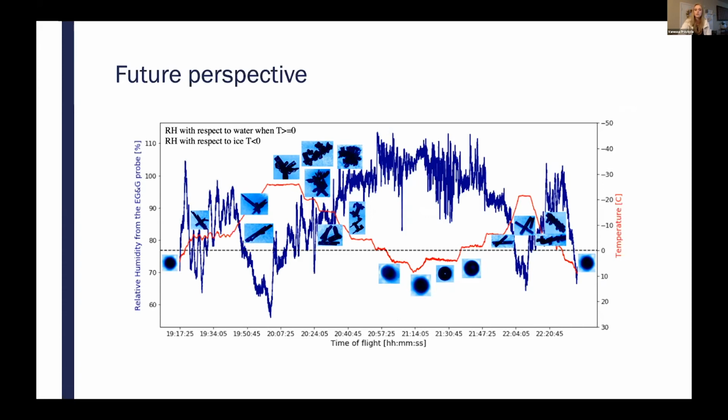And then what I've done is overlay different CPI images, kind of where they belong in the phase space. And so you'll see that as you increase your relative humidity or saturation within the cloud, you get more complex or intricate particles in terms of how many branches are grown. And then you can see specific growth regimes as well. So this is just one example of the work that could be done from the database that's going to be created.